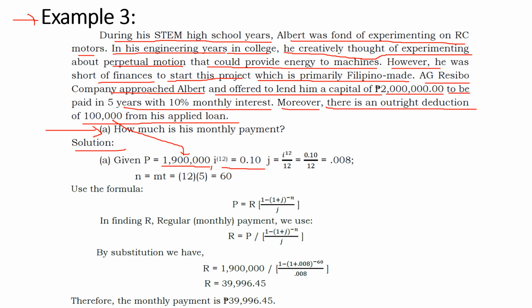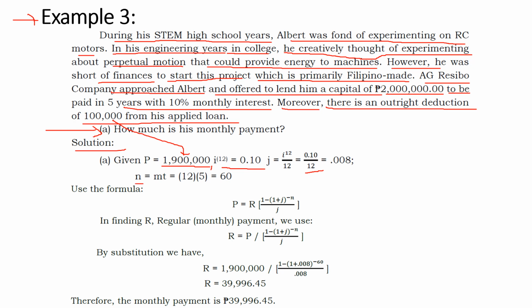Now for the value of your j, it is equal to i^(12) over 12, because we need to convert this compounded monthly rate to the rate per period. That's why we need to divide it by 12, because there are 12 months in a year. So 0.10 divided by 12 becomes 0.008.